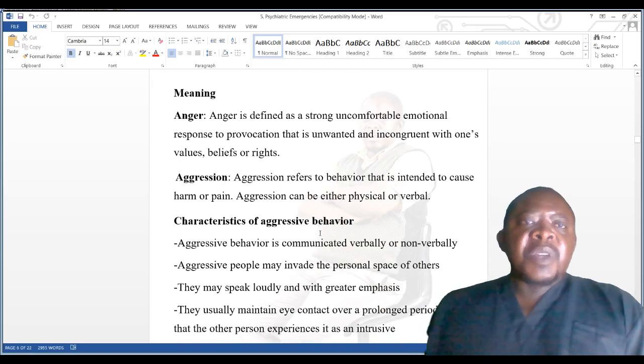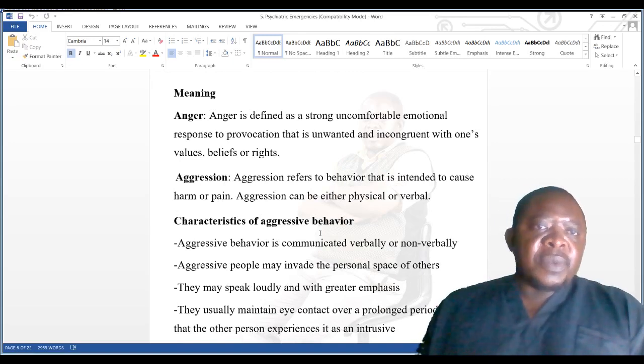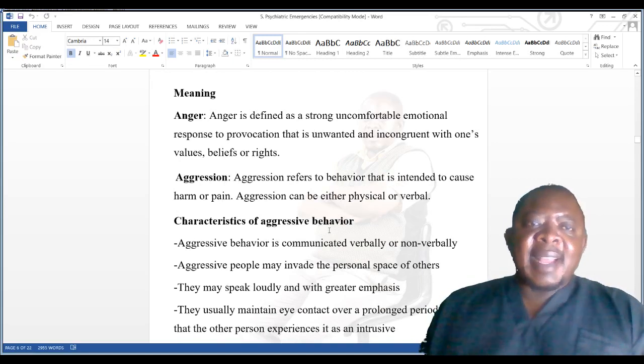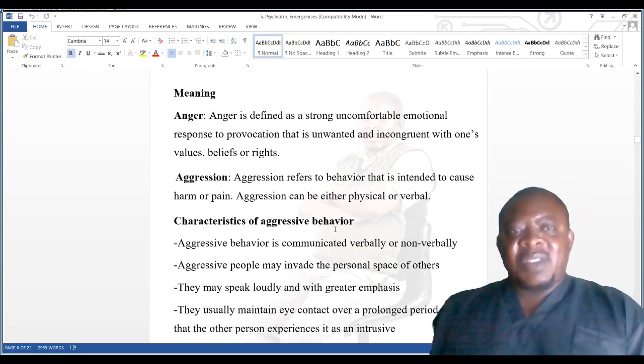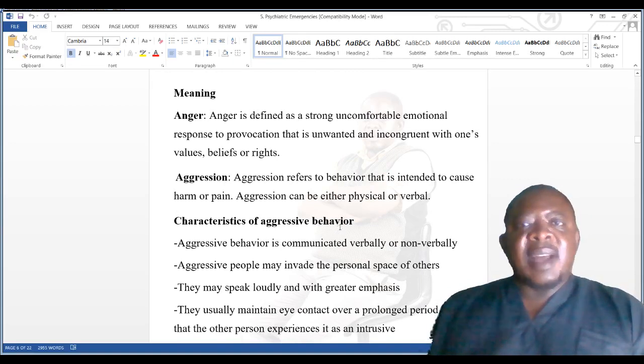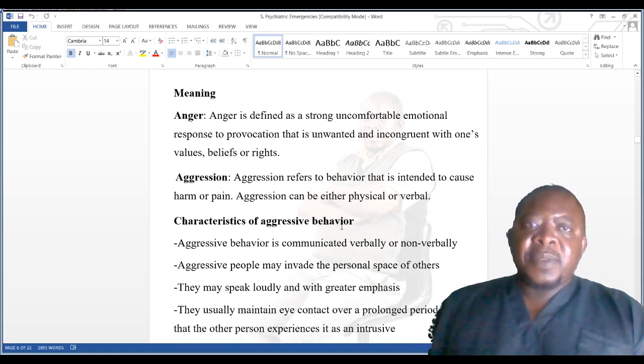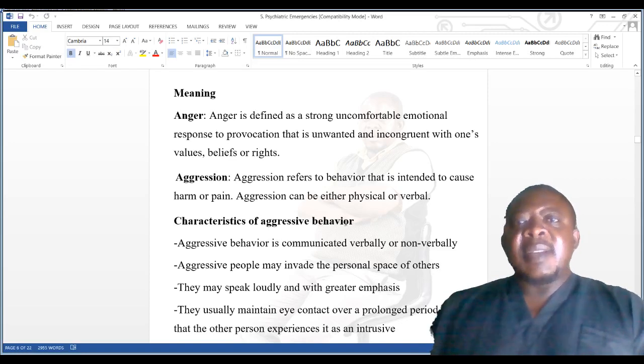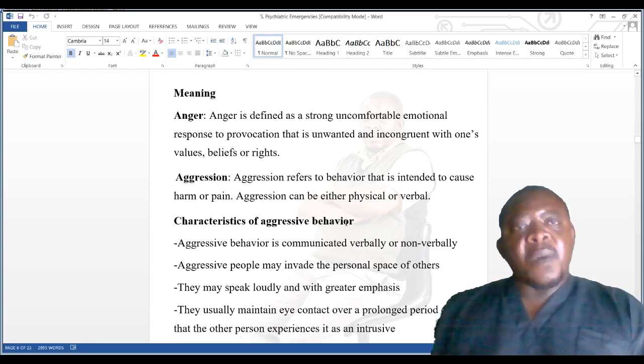When you're discussing aggression, there are two words that may come into place: the word anger and also the word aggression itself. Anger is simply defined as a strong, uncomfortable emotional response to provocation that is unwanted and incongruent with one's values, beliefs, or rights.